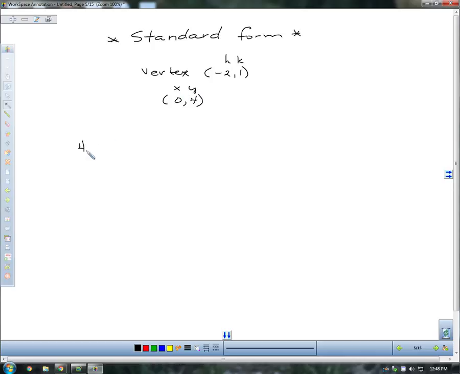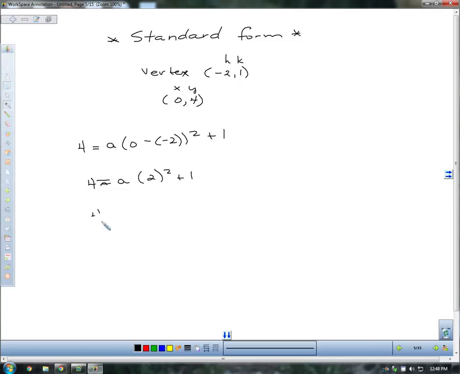So y equals a times x minus h squared plus k. Again, here I'm going to focus on this, so it's 4 equals a times positive 2 squared, because the opposite of -2 is positive 2, plus 1.